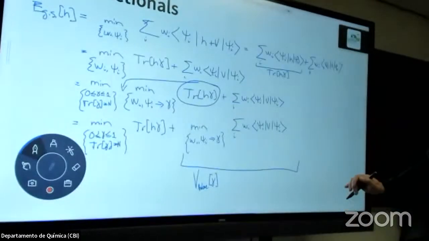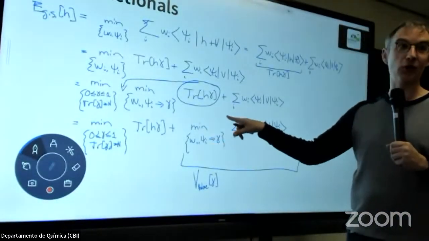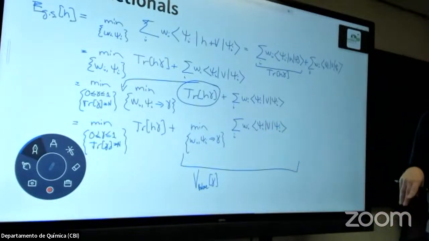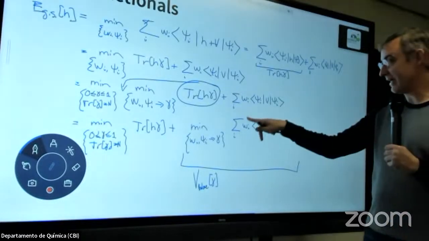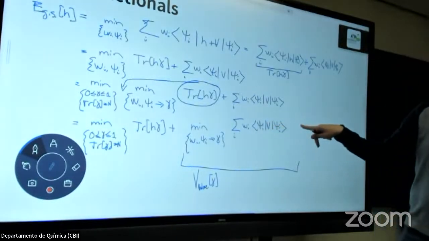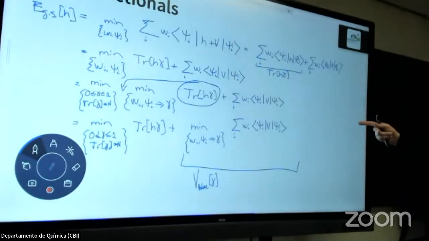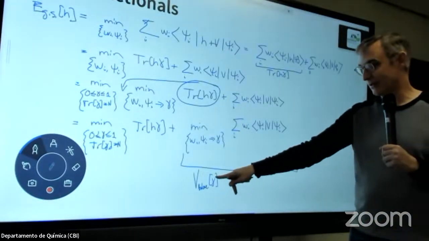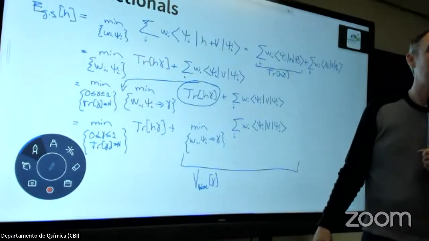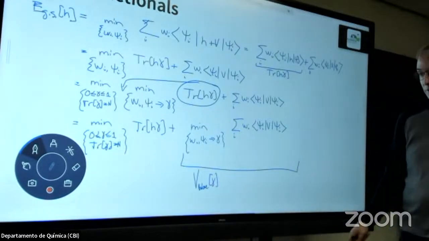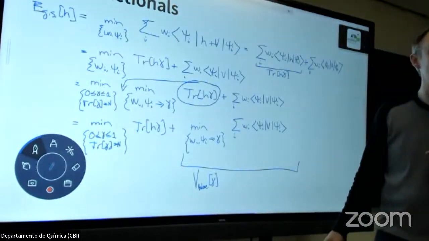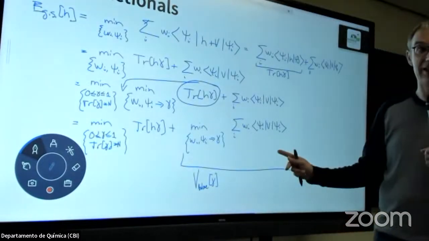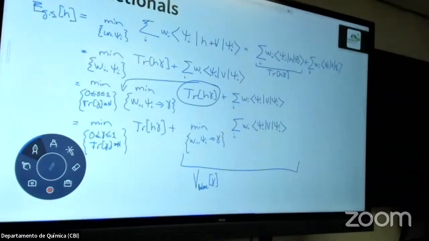Okay, so this is the Valone functional. You minimize over all the possible ensembles, over all the possible weights and wave functions, and take their expectation value for the interparticle potential, the electron-electron repulsion, say, and that's the Levy-Valone functional. Really, this is the constrained search over density matrices. This is the exact functional. We haven't said anything about how we should get it back. We'll talk about that at the very end, if we have any time.